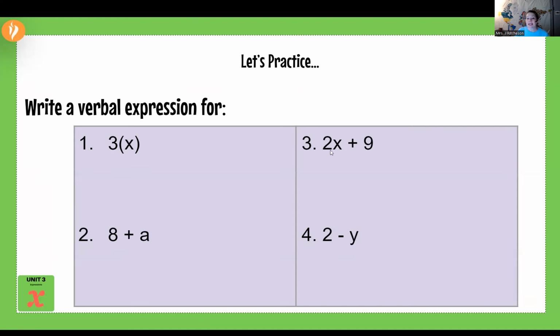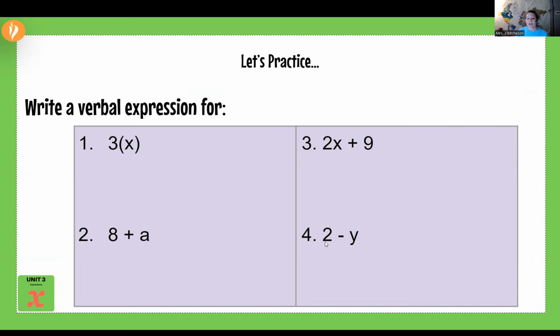Number 3, we could say the product of 2 and x increased by 9, or 9 more than twice a number. Twice means multiplied by 2. We could say the product of 2 and x plus 9. All right, what do you come up with?